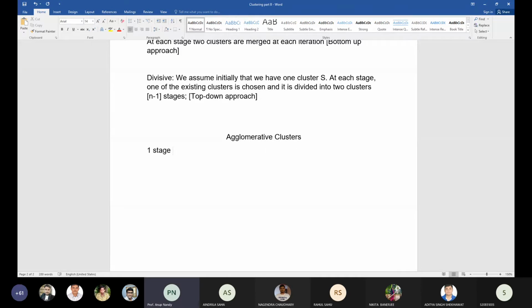In agglomerative clustering, you have three different types of linkage: single linkage, complete linkage, and average linkage. Suppose in the first stage you have n clusters. In the second stage you have n minus 1 clusters.